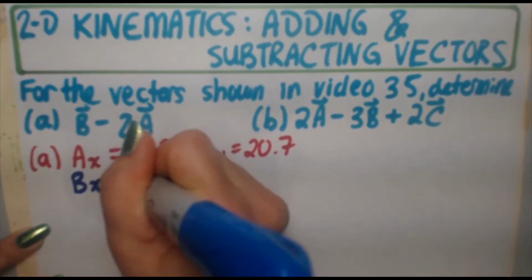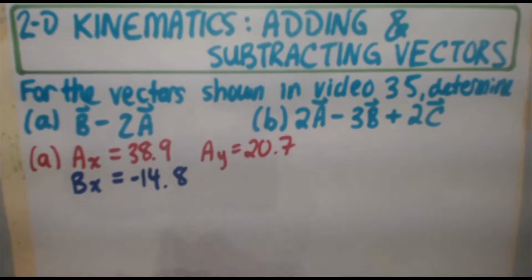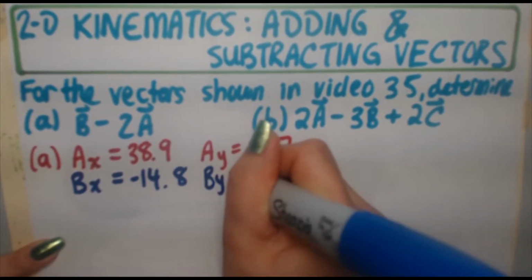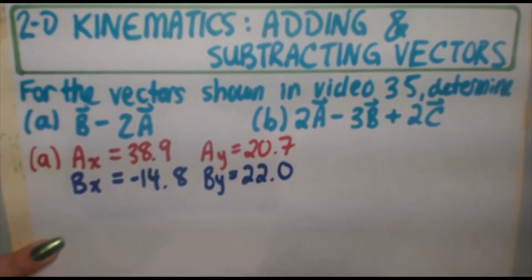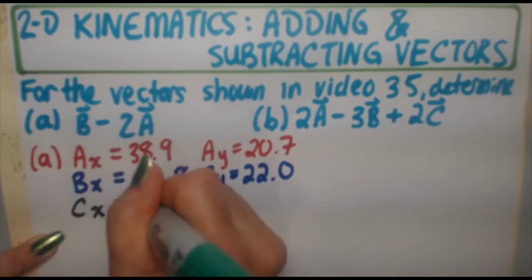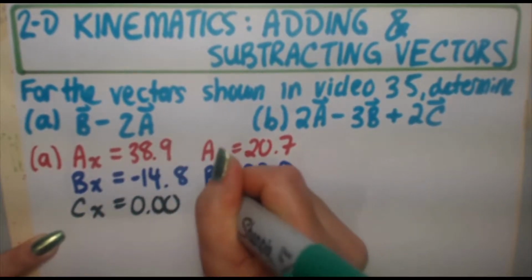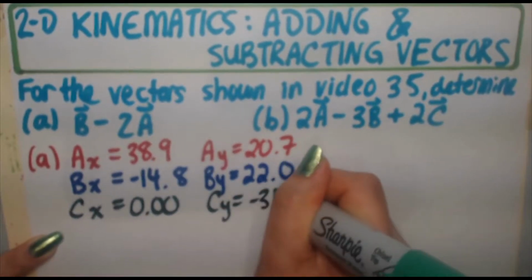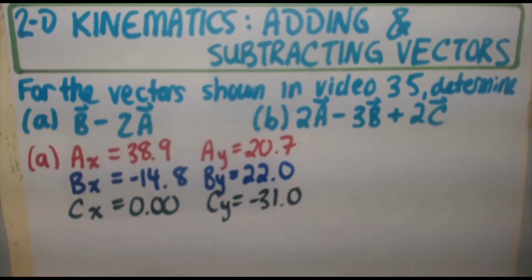BX we found to be negative 14.8, and BY we found to be 22.0, and CX we found to be 0.00, CY minus 31.0. Those are the numbers from the earlier question. Now we can dive in and start this one.